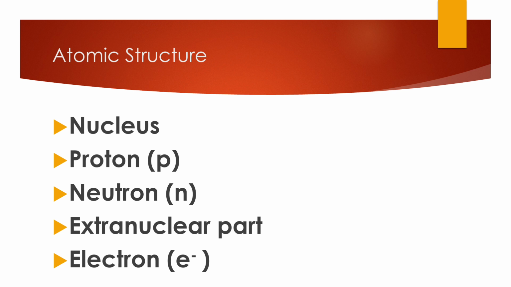So, what are the two subatomic particles of the nucleus? Protons and neutrons. The first one is proton. Proton is a positively charged subatomic particle. This positive charge on the nucleus is due to the protons in it.